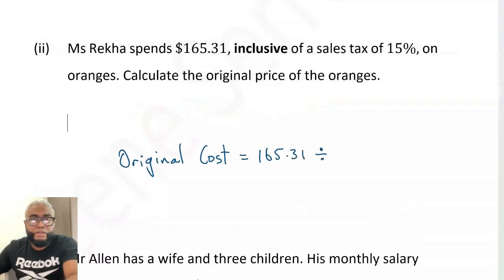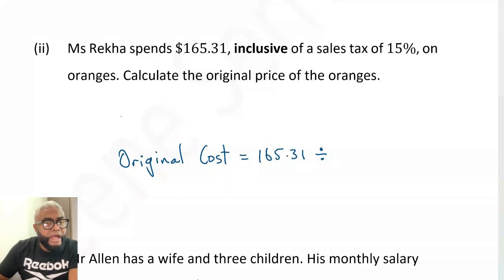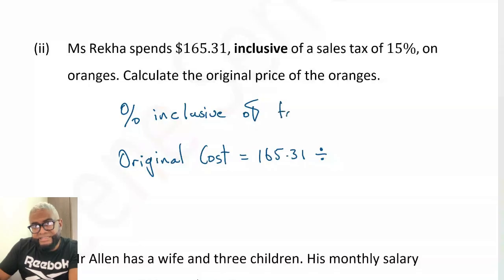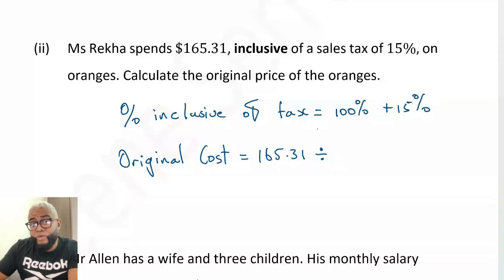So this percent inclusive of tax would be the 100% for the original cost plus the 15%, right? Which will be 115%.